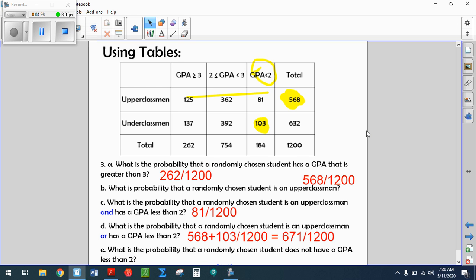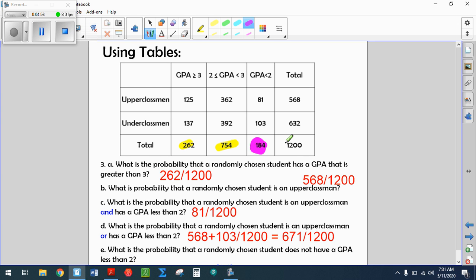And then the last question: what's the probability that a randomly chosen student does not have a GPA less than 2? You could do that a couple ways. For GPA not less than 2, you could add up these two numbers, 262 and 754, and just do that over 1,200. Or we could use the idea of a complement that we talked about in a previous video.